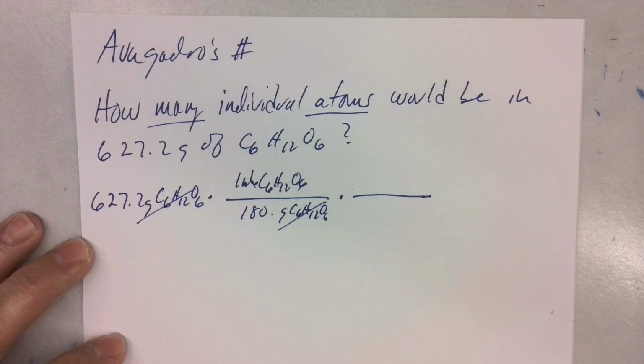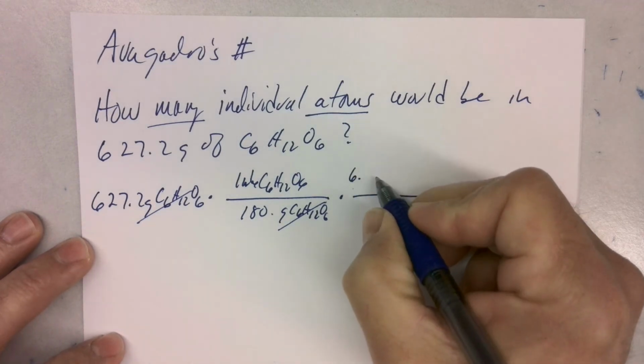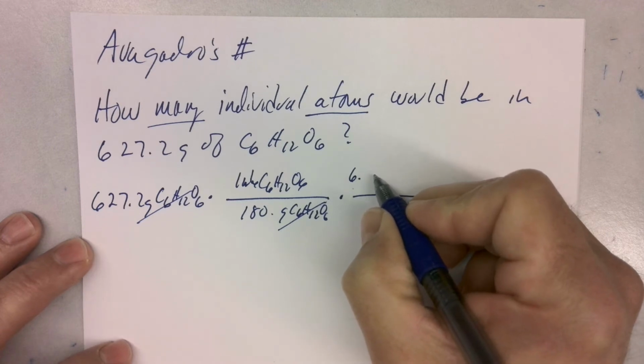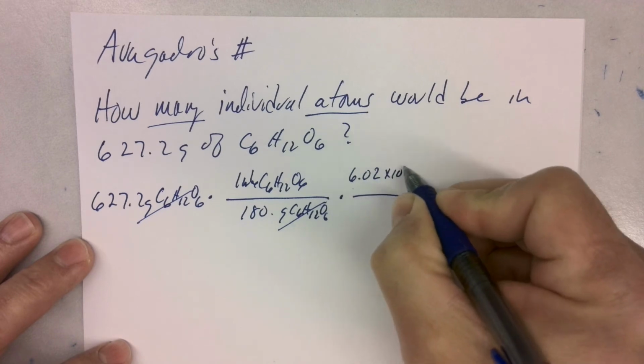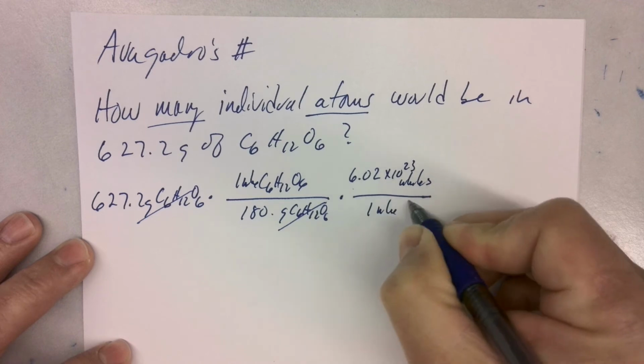How many molecules are in a mole? Isn't it like 6.23 times 10 to the 23rd? Close. Something around there. 6.022. 6.02 times 10 to the 23rd molecules in 1 mole.